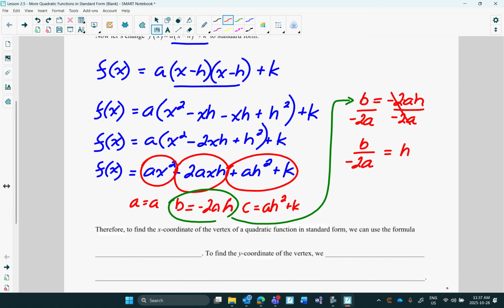The X vertex. So notice, I can find the X vertex by looking up in standard form, getting the value of B, and dividing by negative 2 times the value of A. That's much quicker than completing the square.